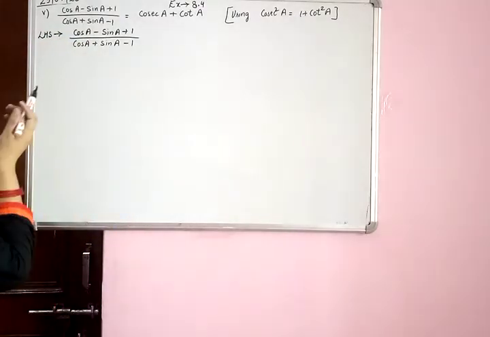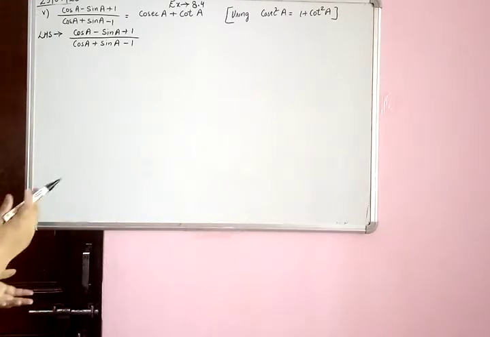So what we have to do is divide the numerator and denominator both by sin A, since we cannot divide a single term only, or the numerator only, or the denominator only.